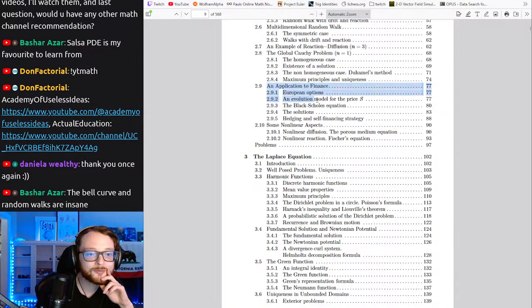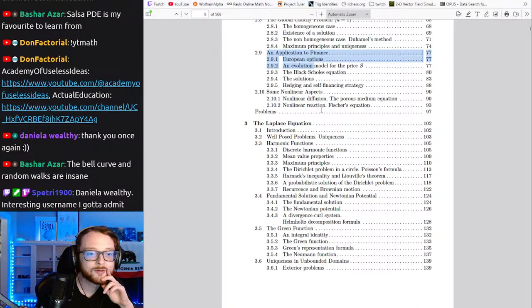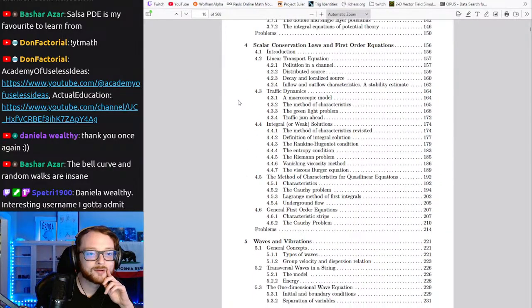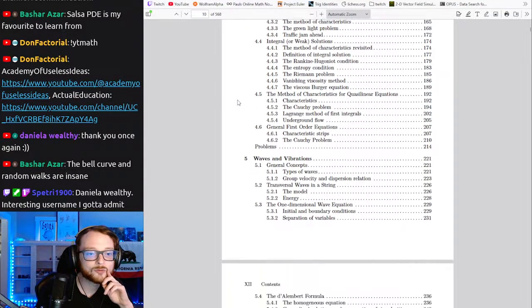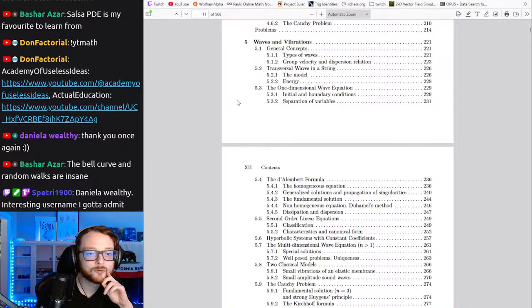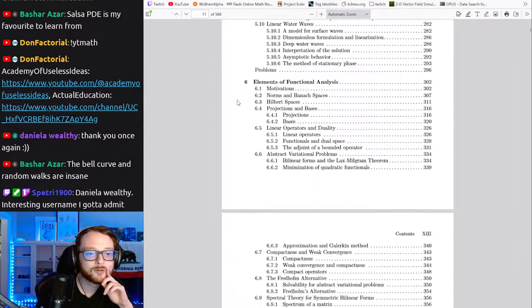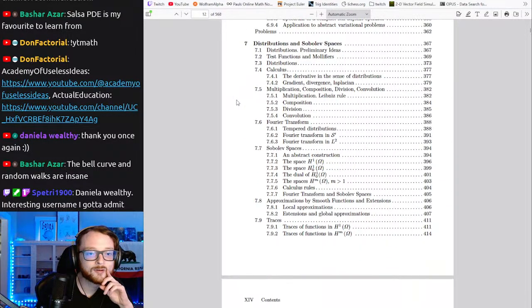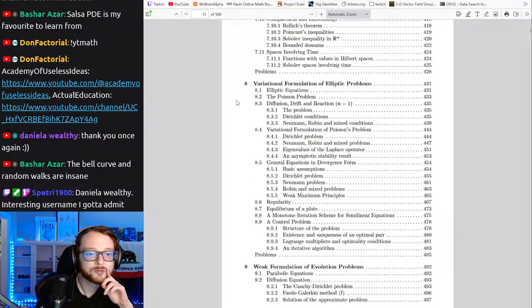Application to finance? Wow. This book looks really interesting just from scrolling through this. Oh my god, they cover so much.